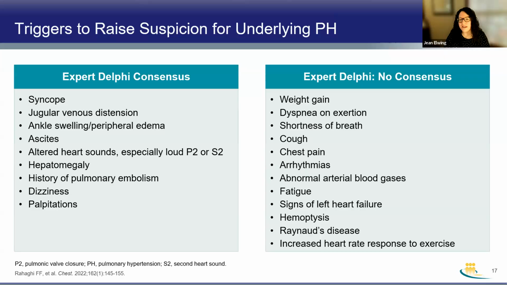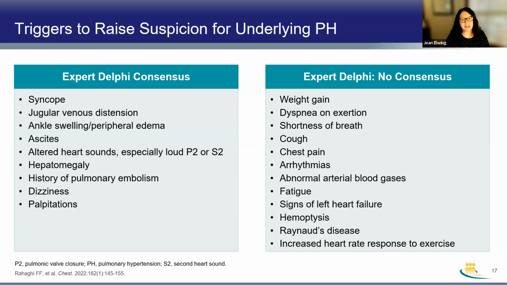And they said, in terms of signs and symptoms, they were very worried about pulmonary hypertension as a group when patients had advanced symptoms like syncope, JVD, swelling, ascites, abnormal heart sounds with a loud P2, hepatomegaly, dizziness, and palpitations. And those are things that would really drive us to further evaluate. But those are oftentimes late symptoms.